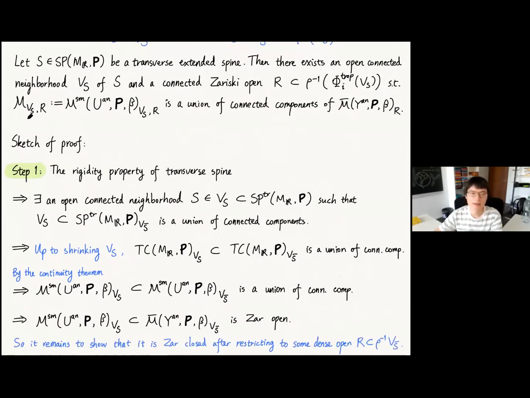And the connected component theorem claims that we have a union of connected components. So it remains to show that it is Zariski closed after restricting to some dense open subset R inside this pre-image of Vs bar.